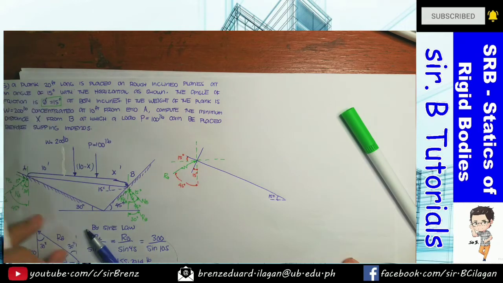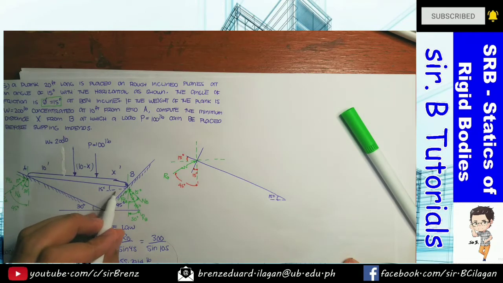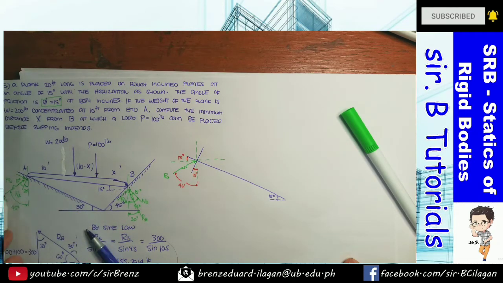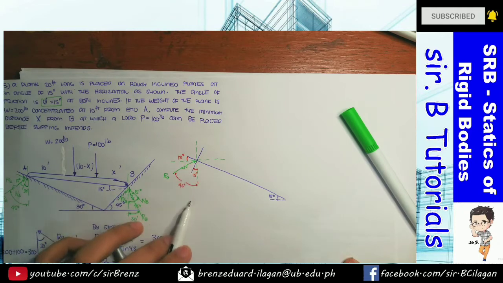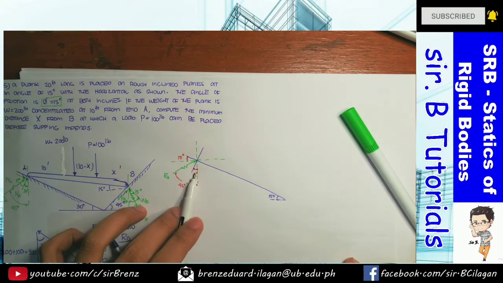Huwag kayong malilito ha, guys, kasi yung RA mo dito is coming from with respect dito sa 30 degrees. Magkaiba yung angle of inclination nila. Ang nangyari kasi, itong RA, ililipat natin dito sa inclined surface na 15 degrees lang. So, ibang usapan yun ha, pag 30 and 15. So, by analysis, di ba ito din, which is 45. So, kung ito is 15, kasi nga, sabi nyo kanina, ito is equals lang din sa angle na to.